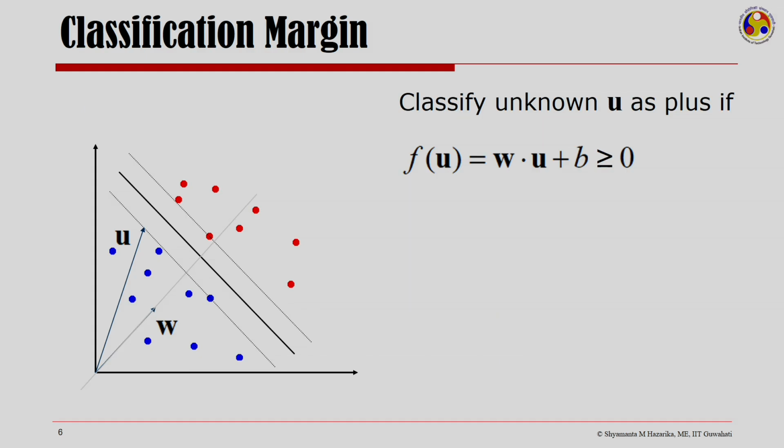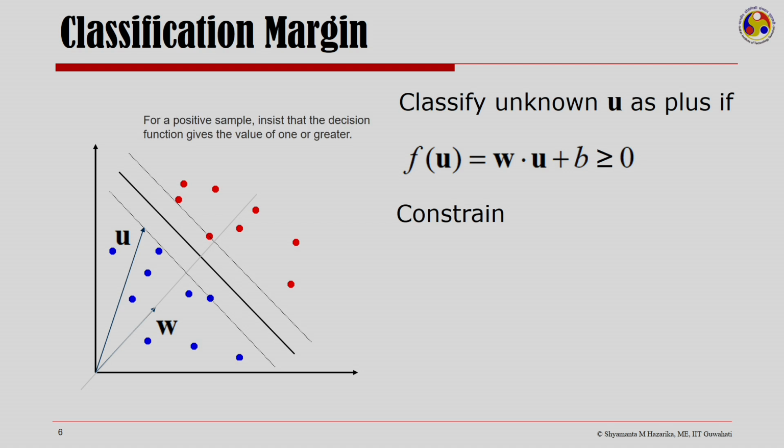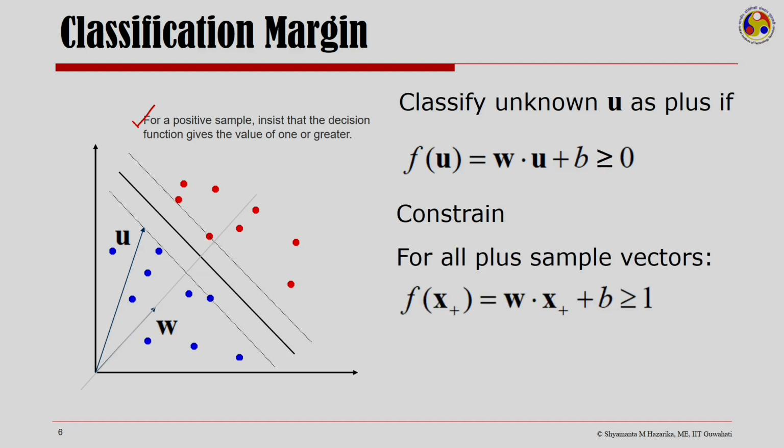What is done is we say that for a positive sample, the decision function gives us a value of 1 or greater. That is something we are going to insist on, and we say that for negative samples, the decision function gives us a value equal to or less than -1.